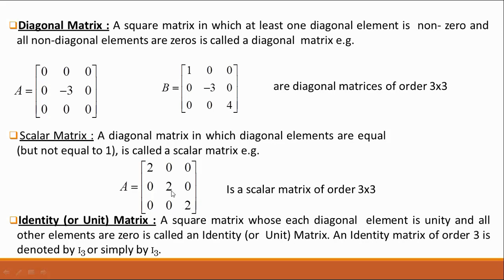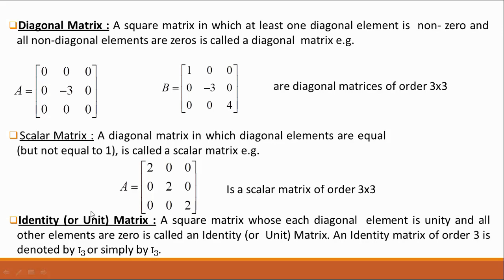So this is a scalar matrix. If we put equal elements here, then this matrix will be a scalar matrix, and if there are different elements, then the matrix will be only a diagonal matrix. But now this matrix is a diagonal matrix and also a scalar matrix.